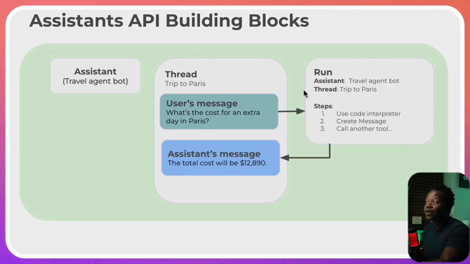So the thread is where all the action really is being dumped into, the history per se, right? And there we go. And now the thread will have the assistance message, because all the steps are done. We have the response, and it goes back as a message, assistance message, which then we can use that to show in our application. These are the assistance API building blocks.